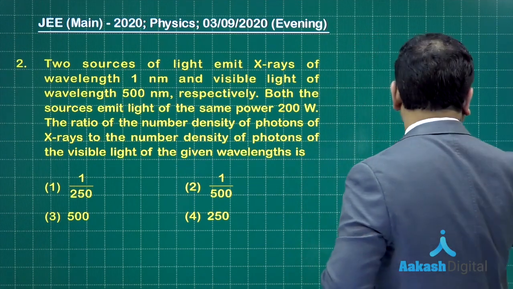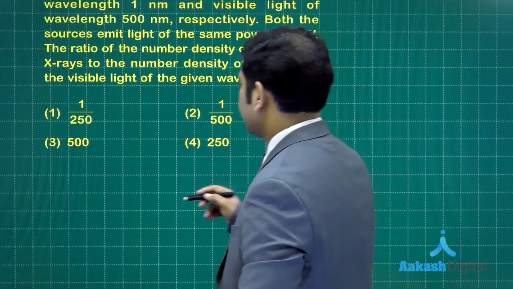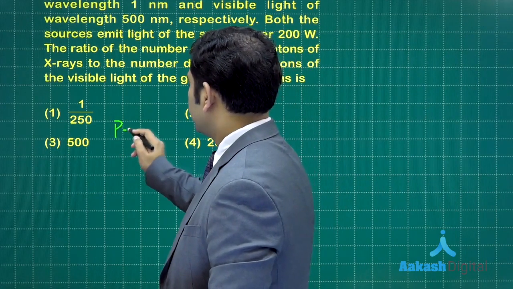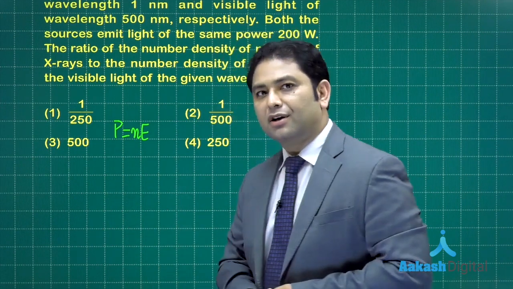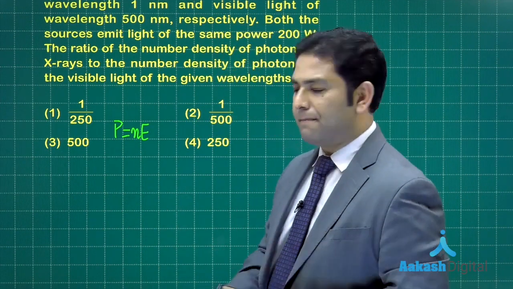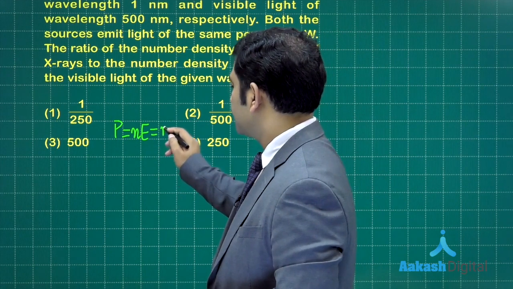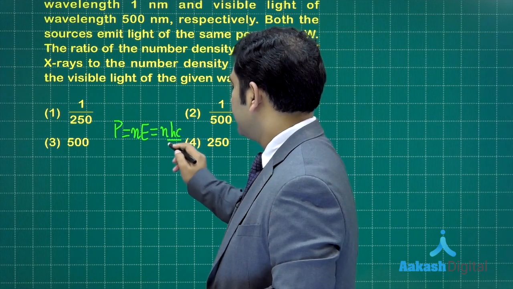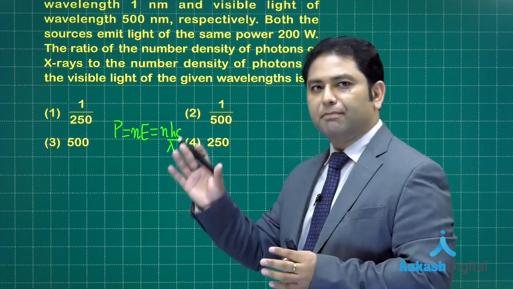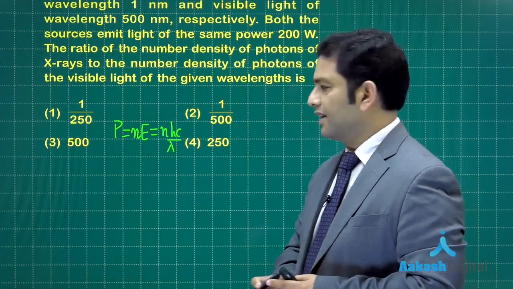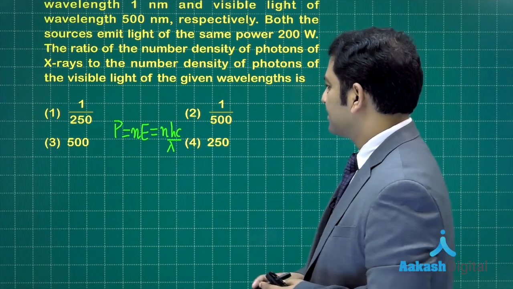So here we can use the expression P equals N times E, where N is the number of photons emitted per unit time, and that's going to be equals to N hc by lambda. Now here what you need to understand is the power is same, and the rest, h and c, that's also same.